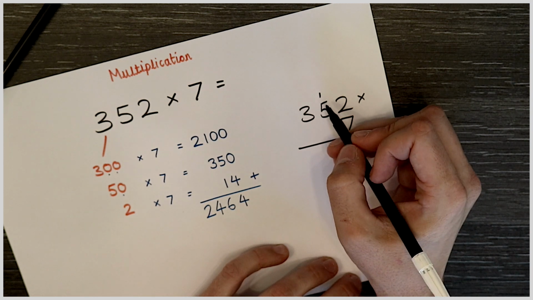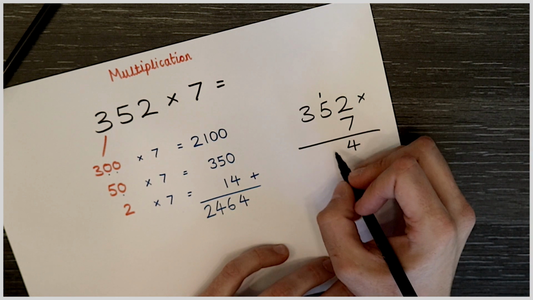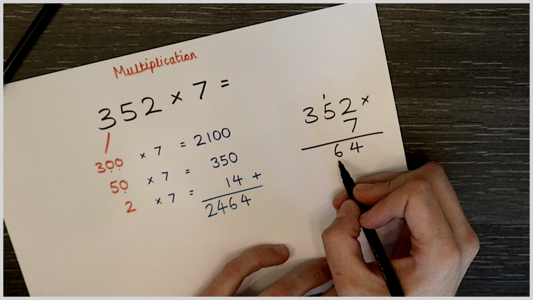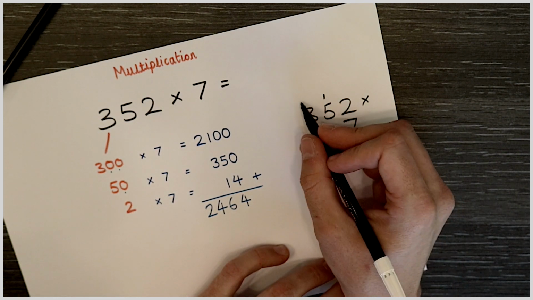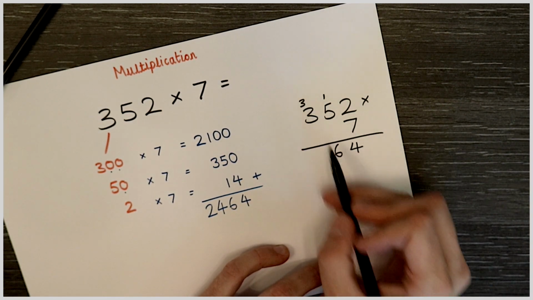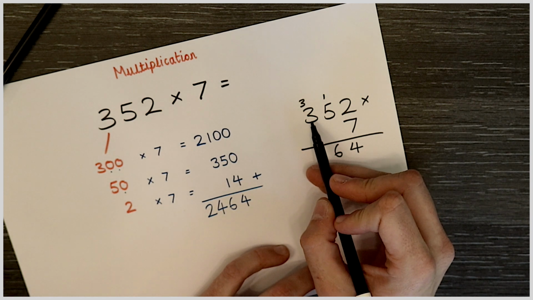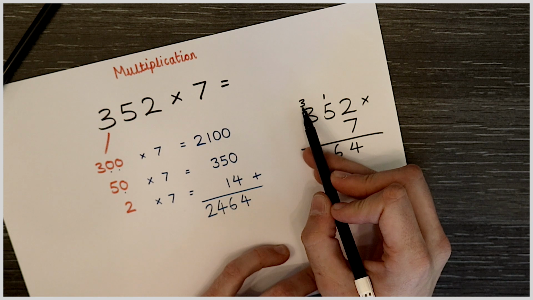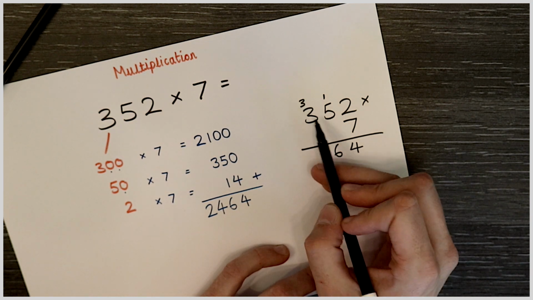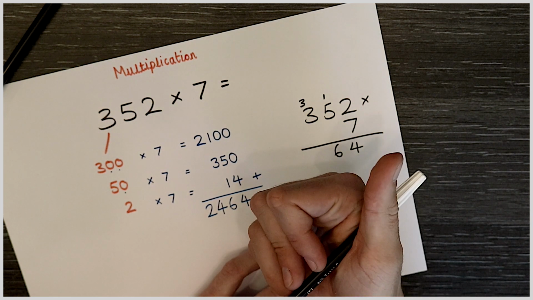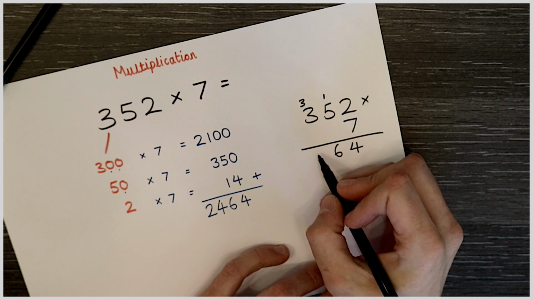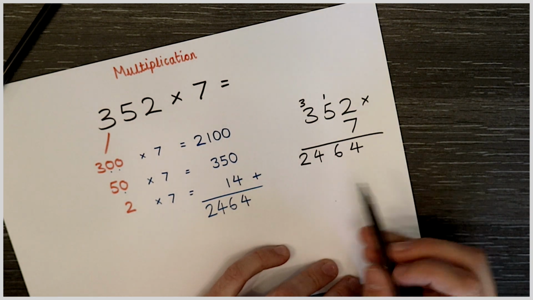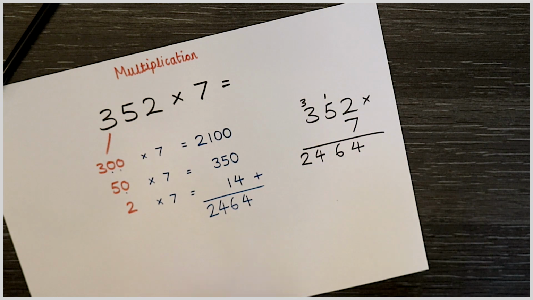So 35, add the extra 1, that makes 36. Again, there's no room for the 3 now, so I'm going to put it up here for 36. Now we've got the last one, 3 times 7, which we know is 21, but we've got an extra 3 to use here. So that's 21, 22, 23, 24. And we get the same answer, just a different way.